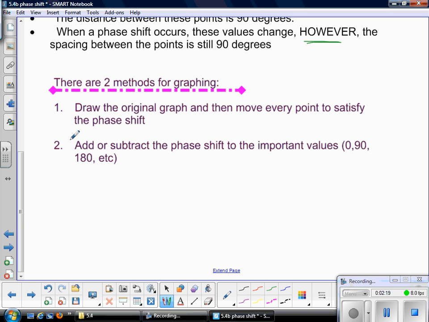The other way is we would add or subtract the phase shift to those important values and draw one graph. And I find students find it much easier to do it this way because, first of all, you only have to draw one graph. Second of all, you don't get confused when you're looking at something because you're not sure which graph you're supposed to be looking at. So I always find the second way is much easier for students to do. Okay, and that's the way that I'm going to teach you then.